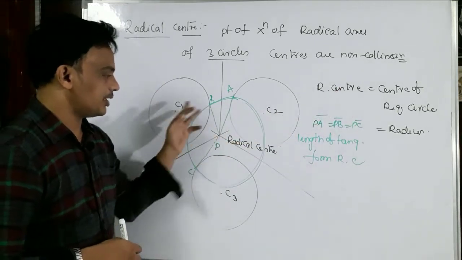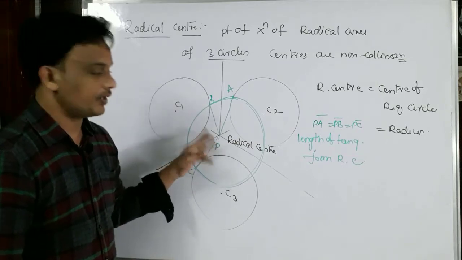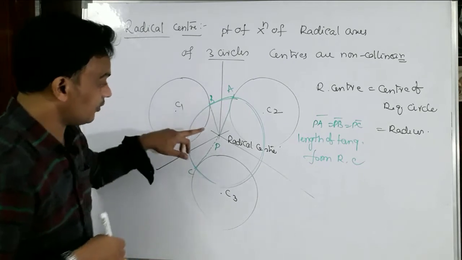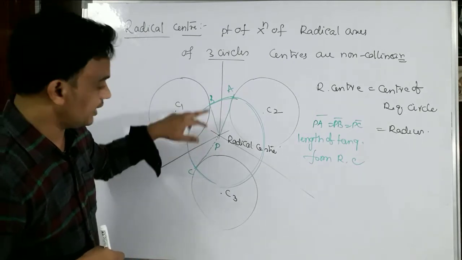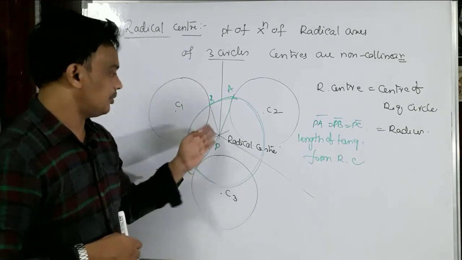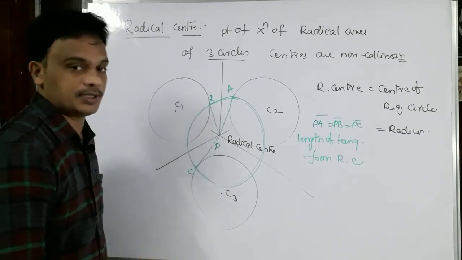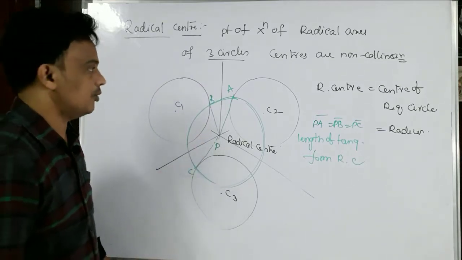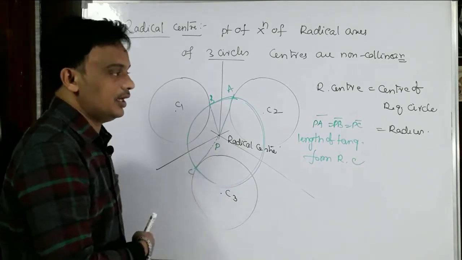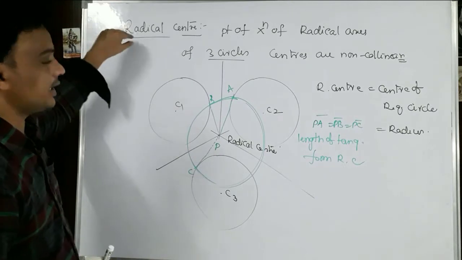And the radius of the required circle is the length of tangent from the radical center to any of the three circles. It may be PA or PB or PC. One of the very important models. Come on students, make a note, and we will discuss some conditions about that radical center.